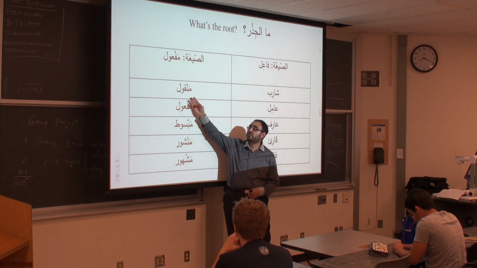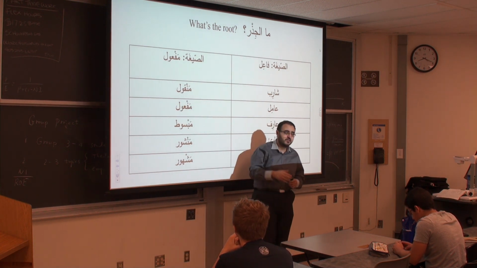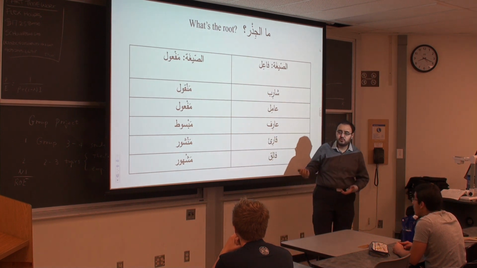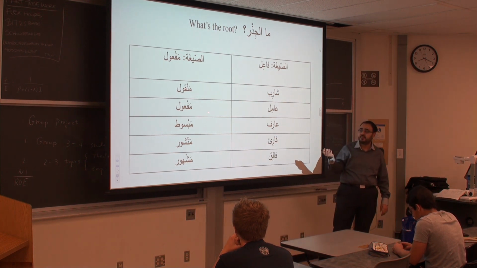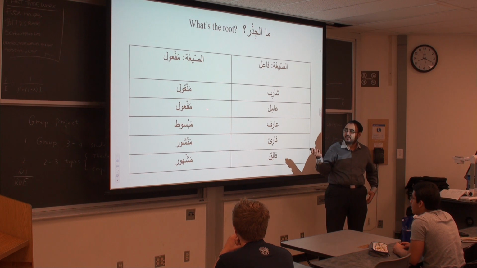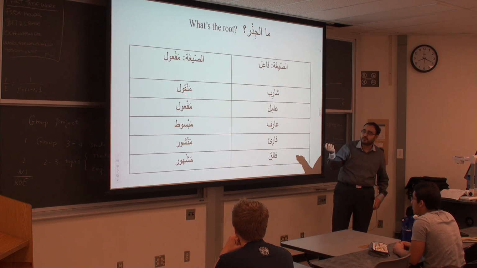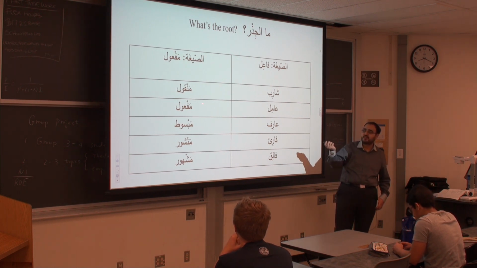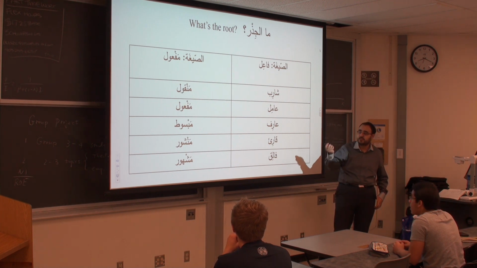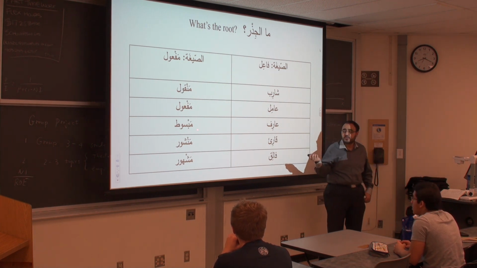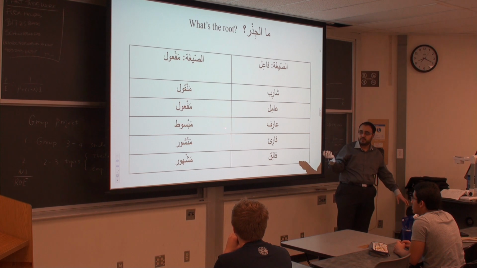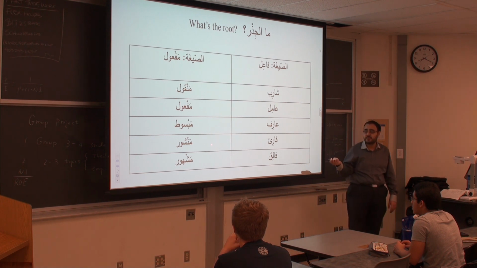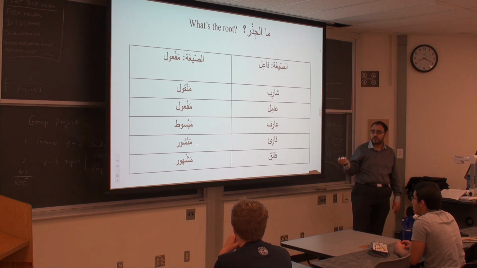So in this case, the root will be, first case, nun qaf lam. Second case, fa ayn lam, which is the same case. In this case, the pattern, the word is the same as the pattern. Okay, this one it will be ba sin ta, exactly. This one, nun shin ra.